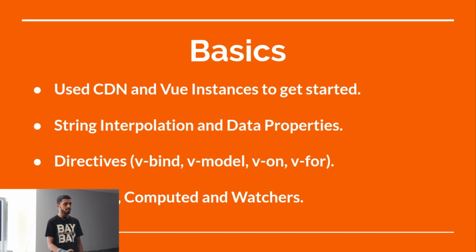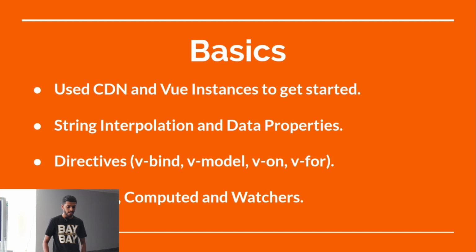String interpolation is great for simple one-line expressions, but when it gets multi-line, when it gets complex, you need to move that piece of logic somewhere else, and that's where methods are useful. Methods are your normal functions, and you could call them using v-on inside the event listener.